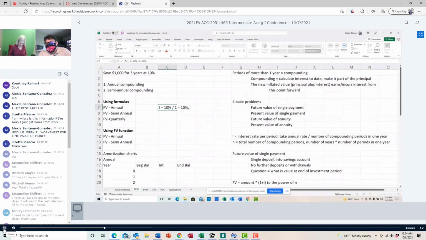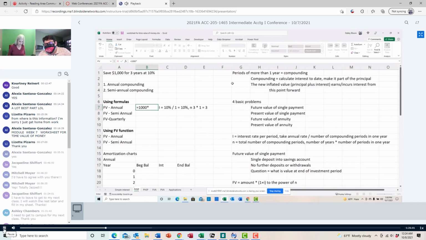Our N is going to be 3 times 1, which of course equals 3. So all we'd have to do to calculate the future value is take $1,000 and multiply it by 1 plus 10% is 1.1. If you know that, that's fine.